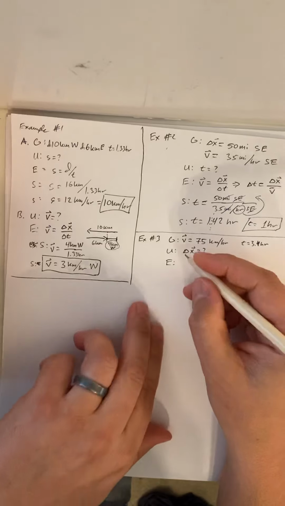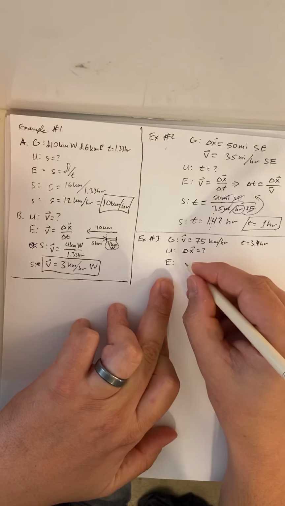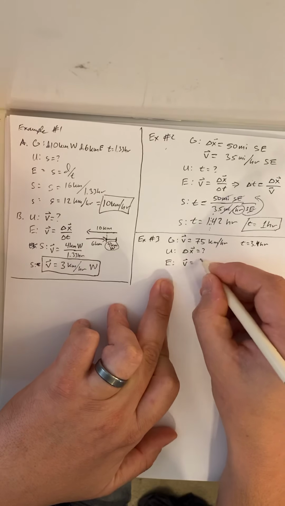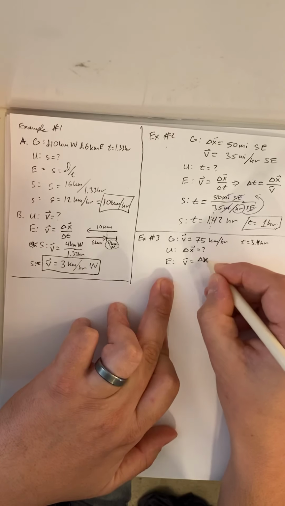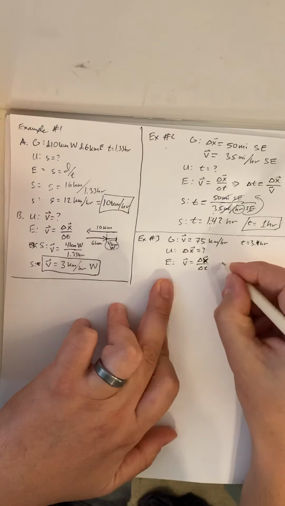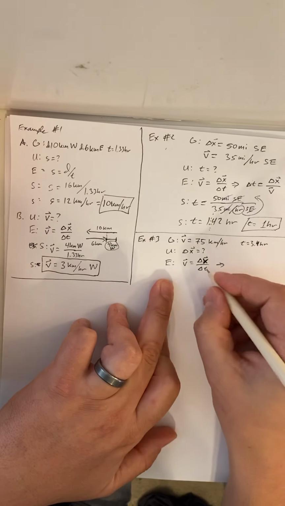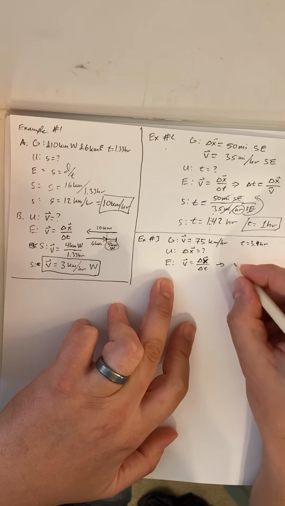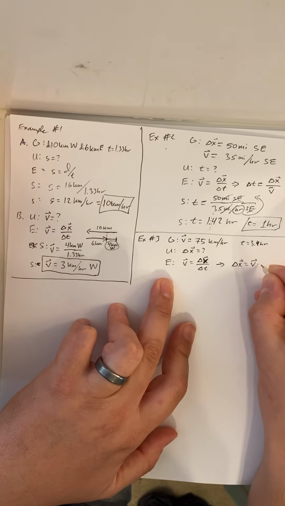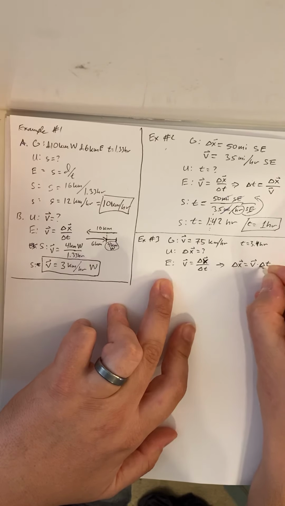Okay, so I want to know displacement. Again, I know velocity equals displacement over time. So if I want to solve for displacement, I have to move time to the left-hand side, and I end up with displacement equals velocity multiplied by time.